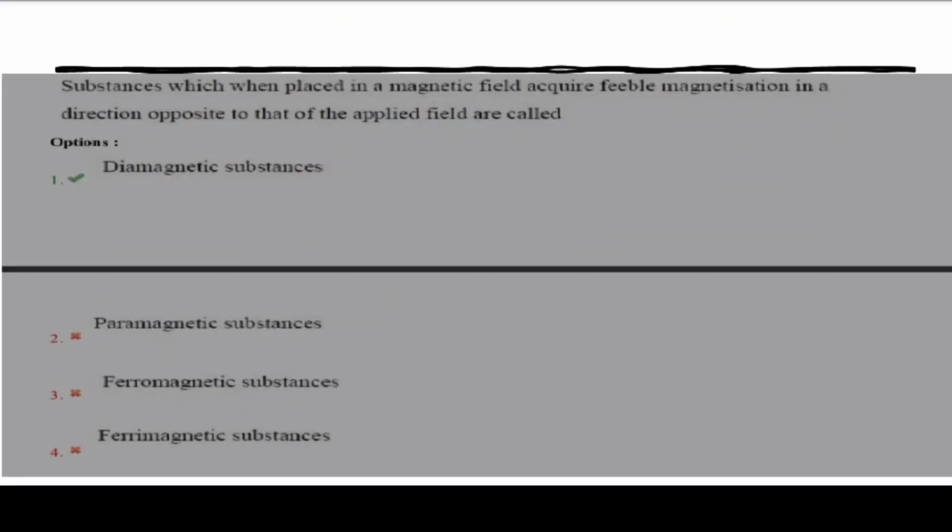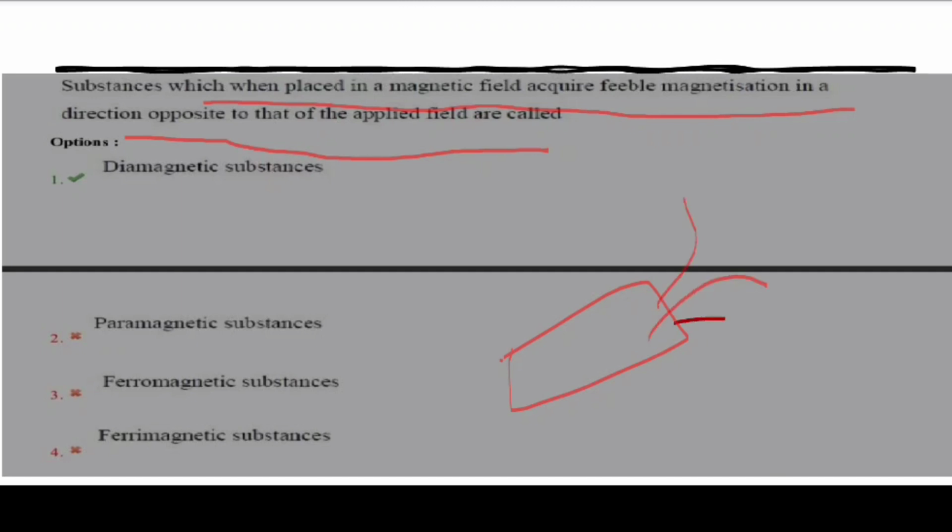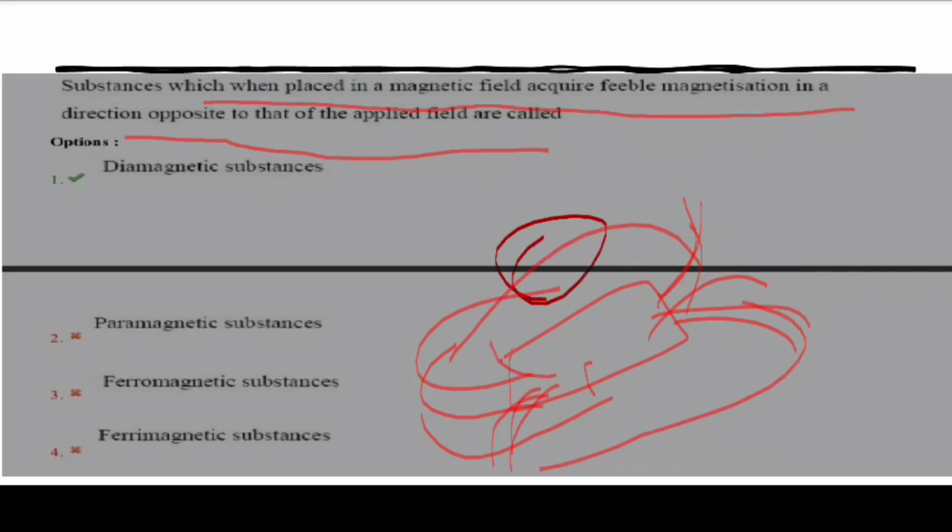Next question. Substances which, when placed in a magnetic field, acquire magnetization in a direction opposite to that of the applied field are called what? When a substance is placed in a magnetic field, it acquires magnetization, meaning it also acts as a magnet, in a direction opposite to the applied field.